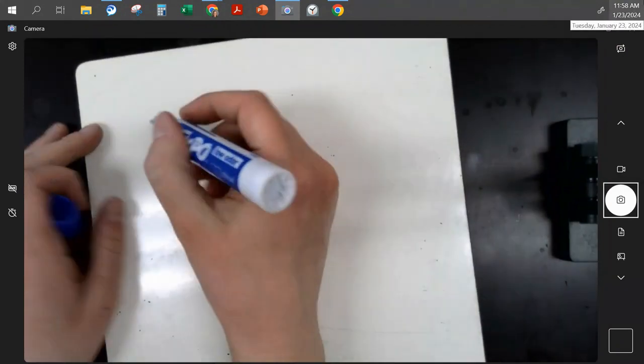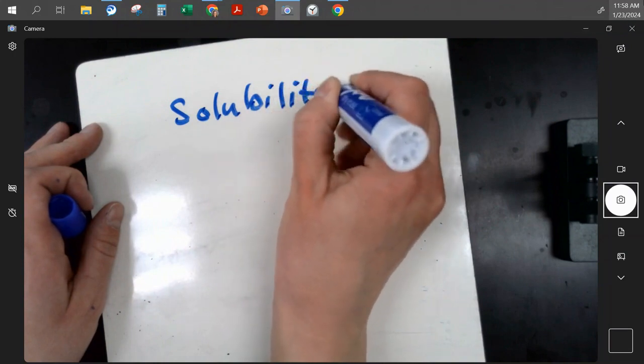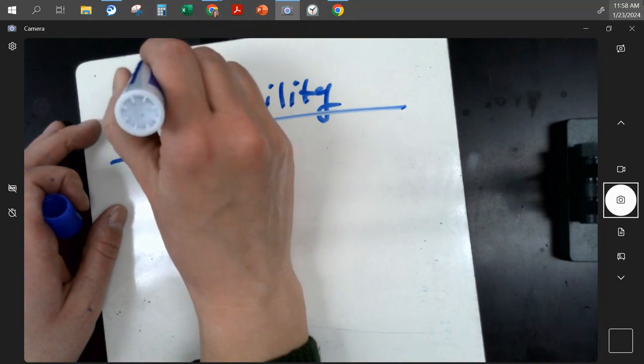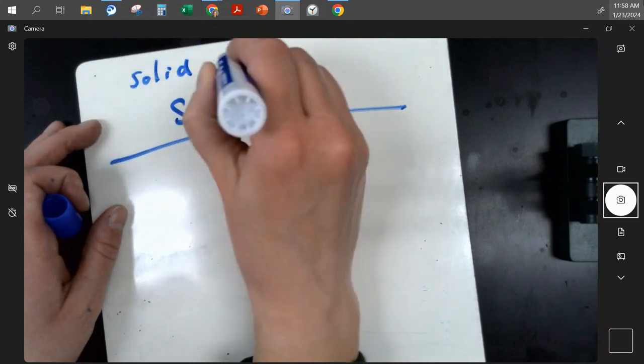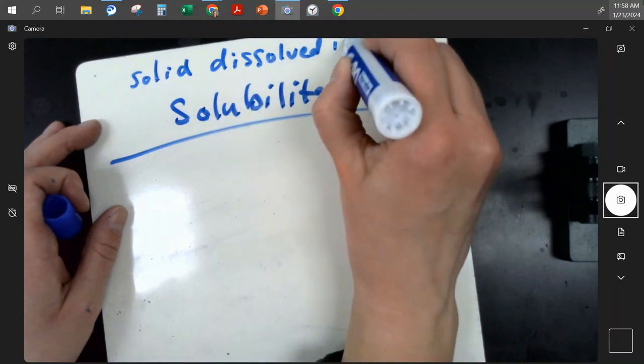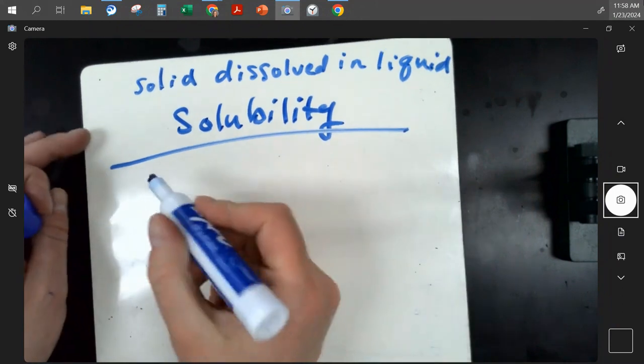So we are looking at how solubility varies with, and there's two categories. So solubility, we're going to look at a solid dissolved in a liquid. And for this one, we're going to look at temperature.